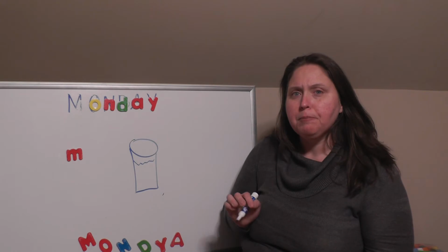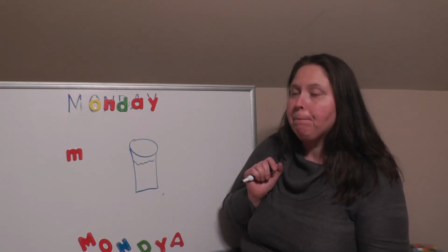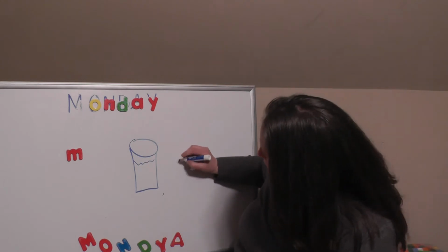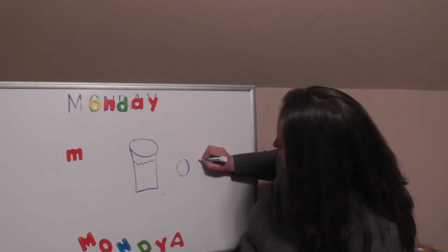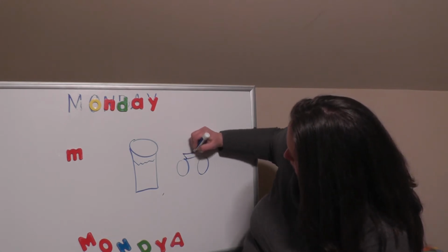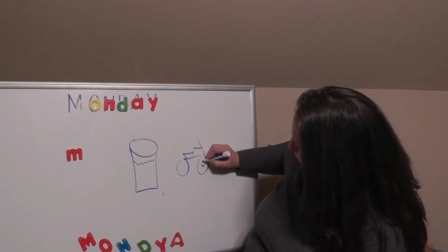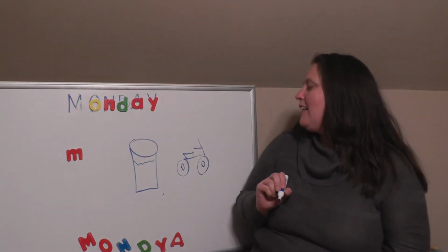What else starts with M? What about a motorcycle? A motorcycle starts with M. Now, please don't laugh at my motorcycle. I never claimed to be an artist at all.